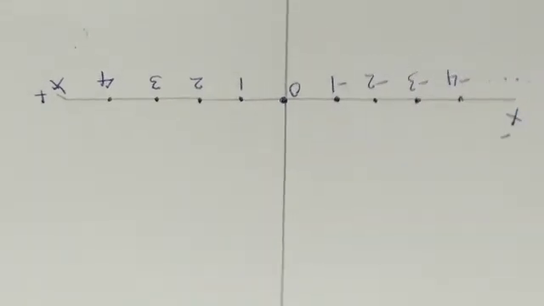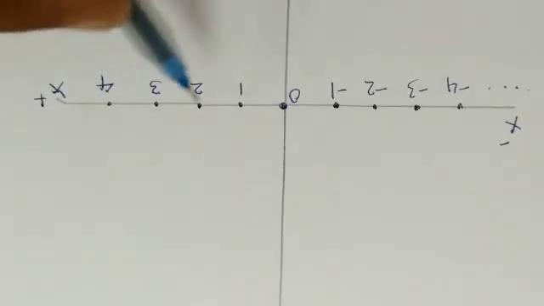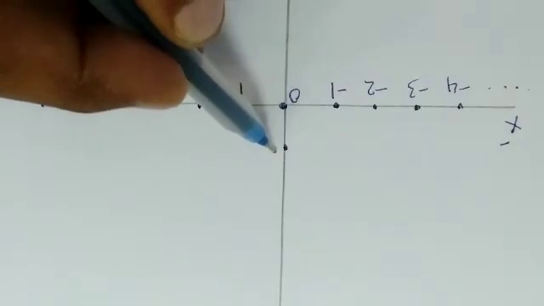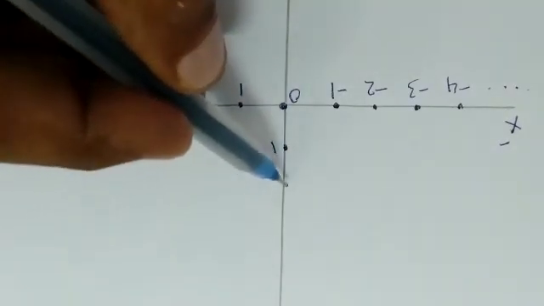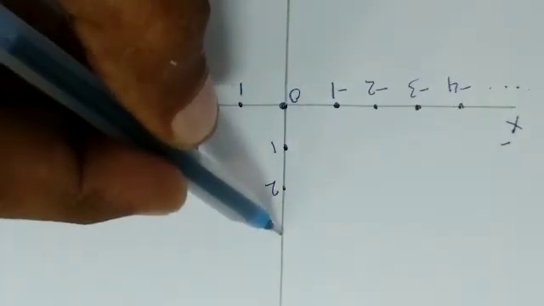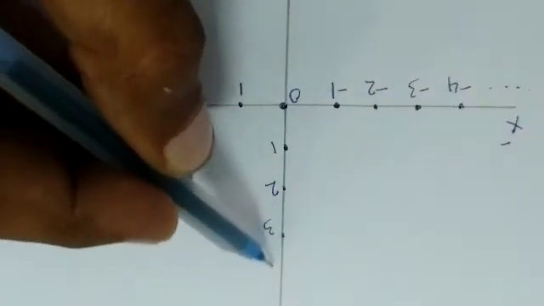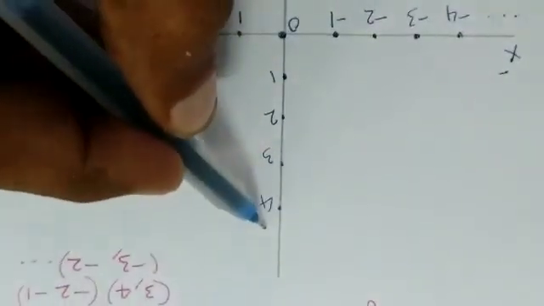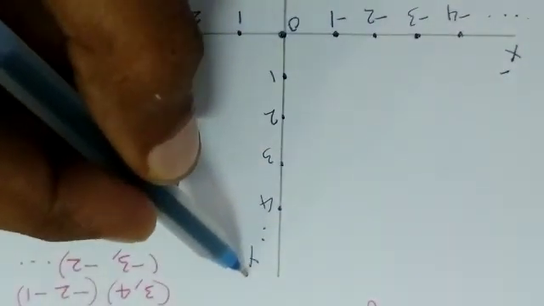Now, mark the positive y-axis. One unit towards up, one unit again, second, next this becomes 3, this becomes 4, and so on, we get the positive y-axis.